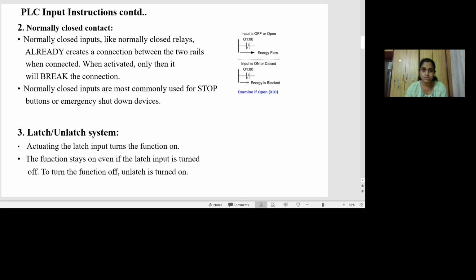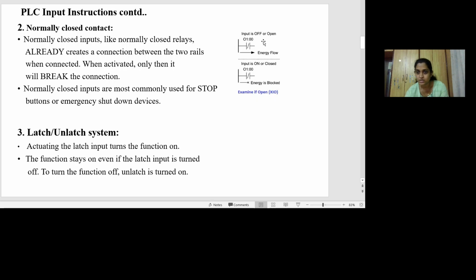The next instruction is the normally closed contact. Here, by default, the contact is closed, and only when it is energized, the contact will be open. So a normally closed contact, by default, is closed.